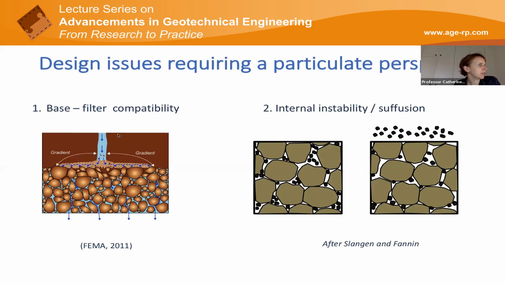The first is the idea of base filter compatibility, and the second is the concept of what is called internal instability, or sometimes suffusion. So the issue with base filter compatibility is you have a low permeability core made of a fine grained material.